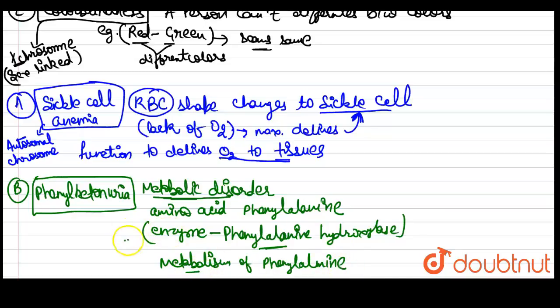Now this enzyme, phenylalanine hydroxylase, is deficient here. It is an autosomal linked disease because it is linked with the autosomal chromosome, just like sickle cell anemia.